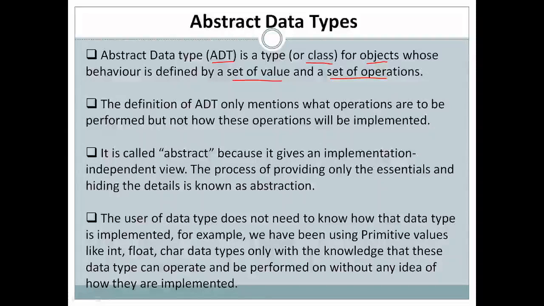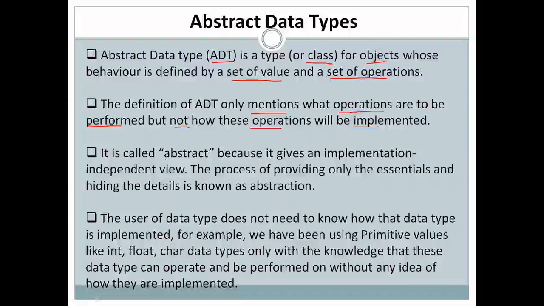As I've said, an abstract data type is simply a set of objects and operations on those objects. The definition of an ADT only mentions what operations are to be performed, but not how those operations will be implemented. As per the definition of ADT, it mentions only what operations we can perform by using the ADT, but not how those operations are performed internally.